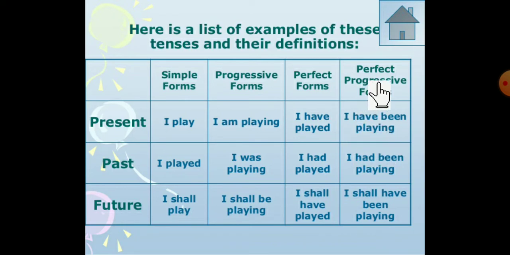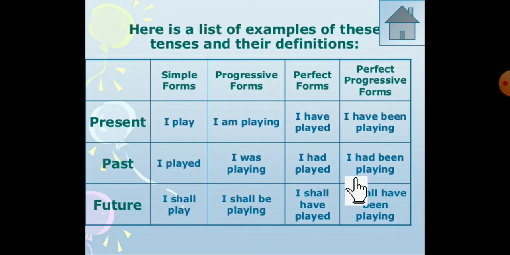Progressive you can say is continuous. Next, in the past, same: I played. Here subject and verb second form. In the past continuous, I was playing. In the past perfect, I had played. And in the past perfect continuous, I had been playing.